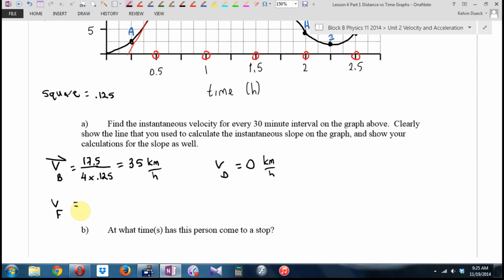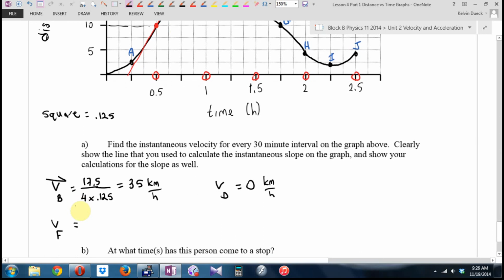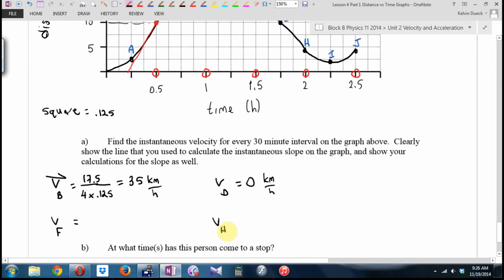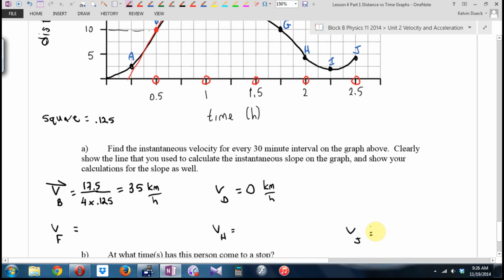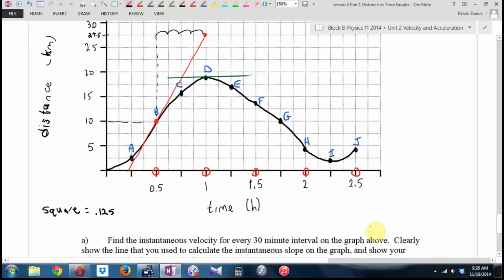And velocity at h and velocity at j. I'm going to freeze the screen. Try this. You work with your neighbor, partner if you need to. Velocity at f.